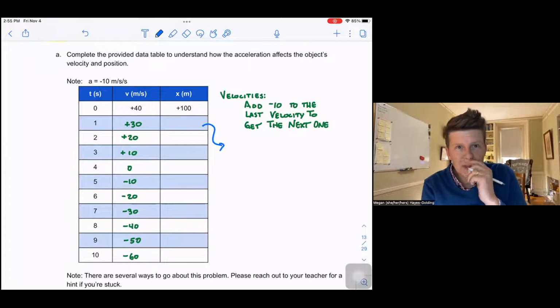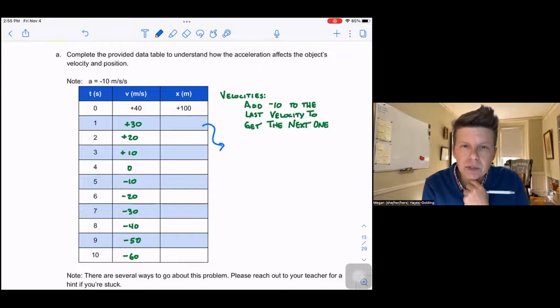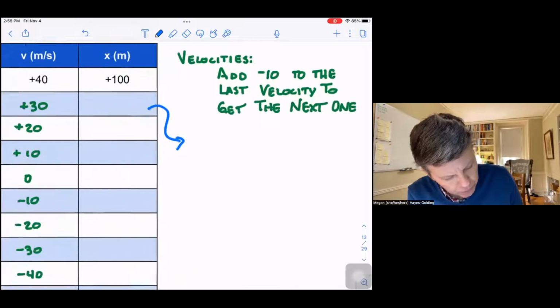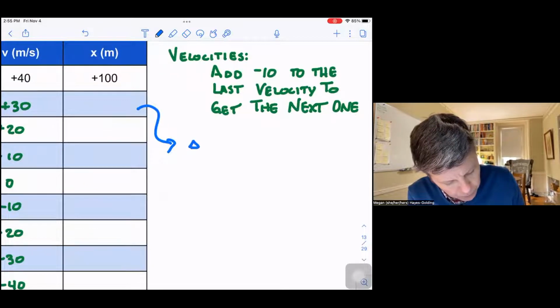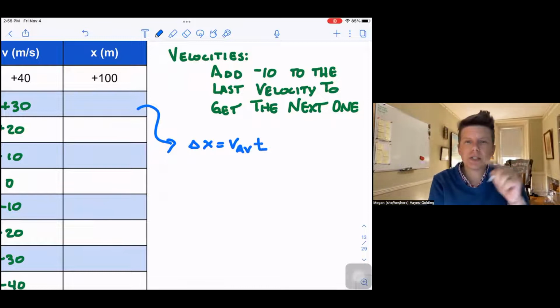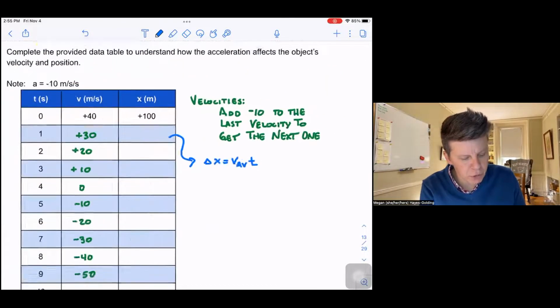I want to remember that if I take the average velocity times the time interval, I'll get how much displacement I have. So here we go. Average velocity times time. That's how far we travel.